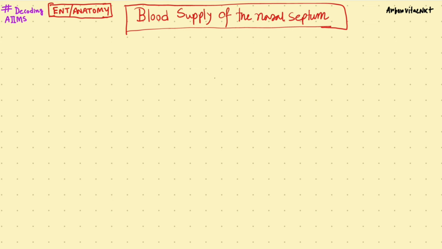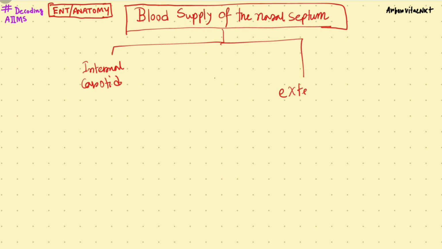The blood supply of the nasal septum is basically divided into two systems. One is the internal carotid system and the other is the external carotid system. Now under the internal carotid system, there are two arteries which are branches of the ophthalmic artery.